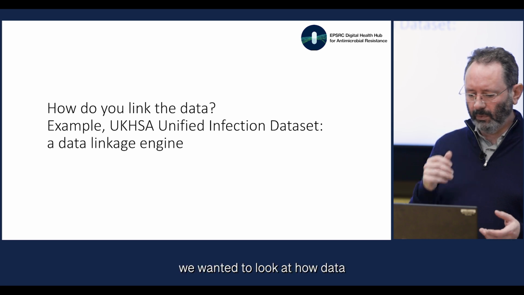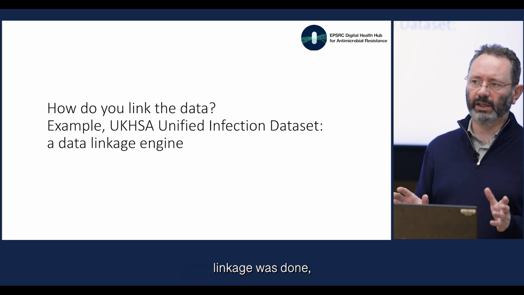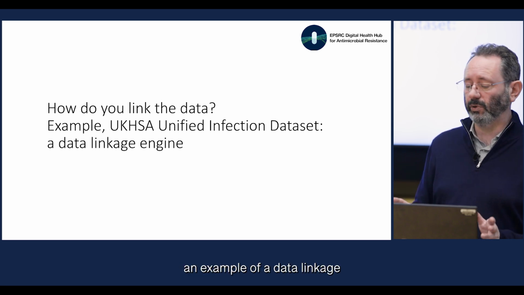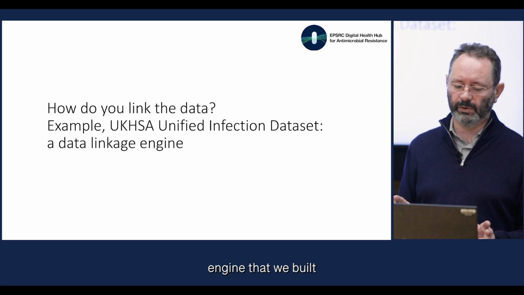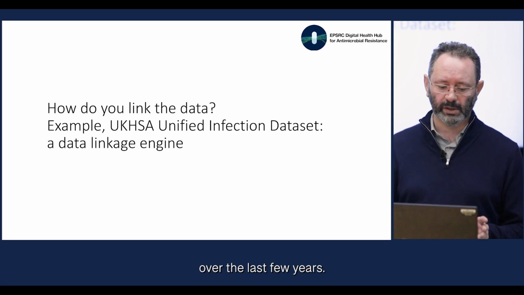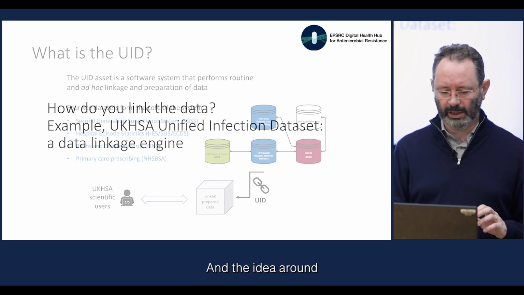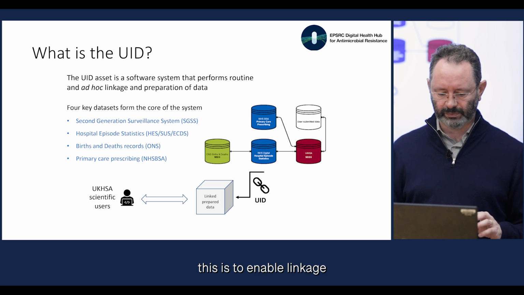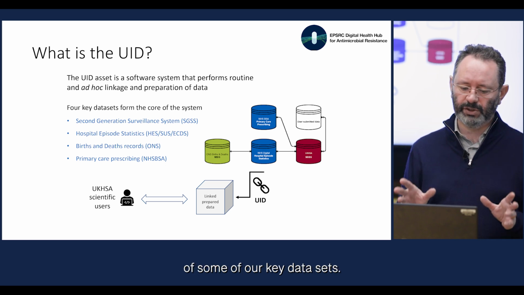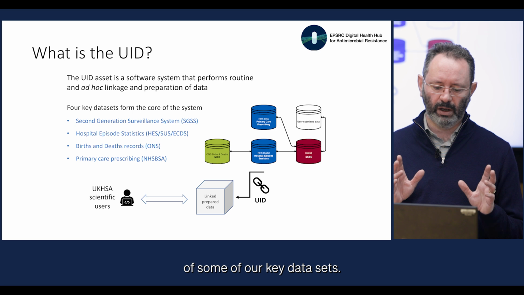So we wanted to look at how data linkage was done. And here's an example of a data linkage engine that we built over the last few years. And the idea around this is to enable linkage of some of our key data sets.